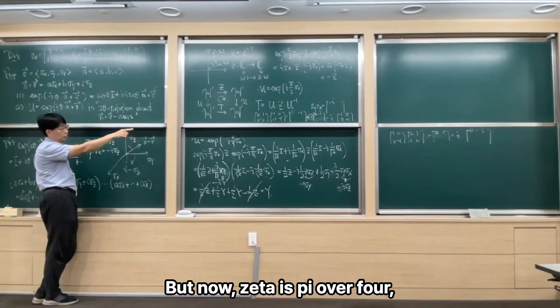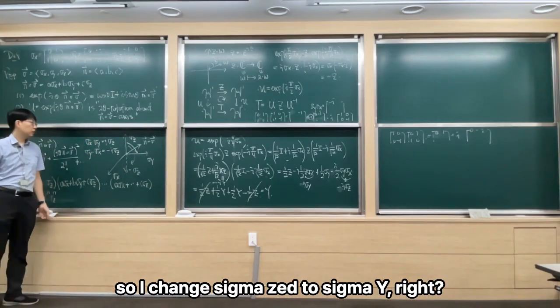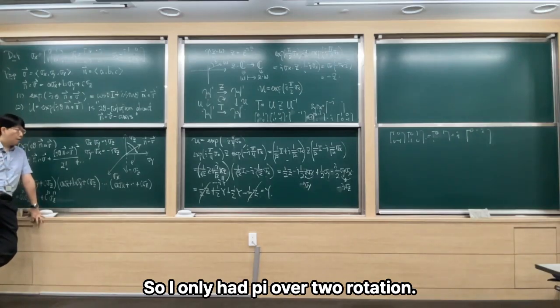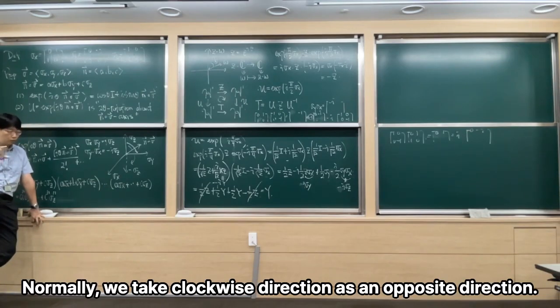But now theta is pi over 4. So I changed sigma z to sigma y, right? So I only had a pi over 2 rotation. So I get the pi over 2 rotation in what direction? The clockwise direction. Normally we take clockwise direction as an opposite direction.